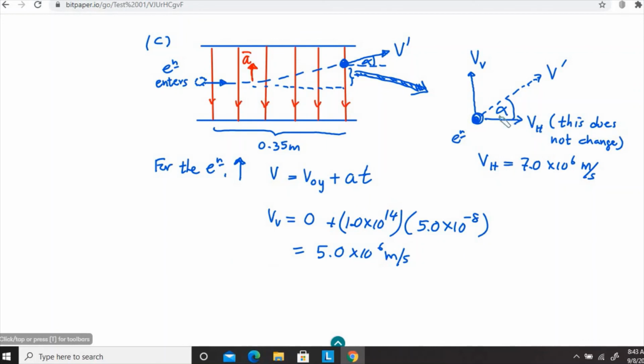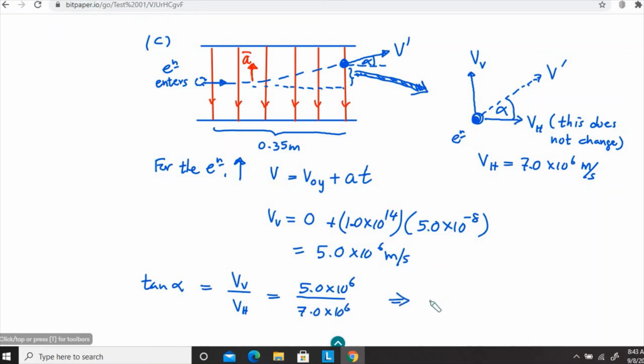Then finally, we can find alpha. We can use trigonometry, right? Tangent of alpha is equal to the opposite side over the adjacent side, so V over VH. And then we get 5.0 times 10 to the power 6 over 7.0 times 10 to the power 6.